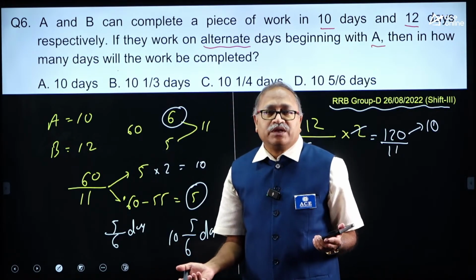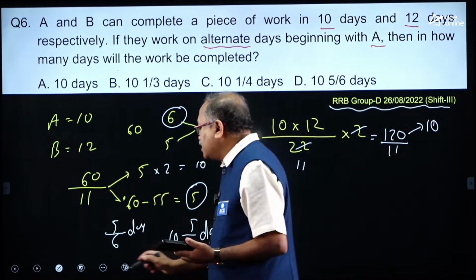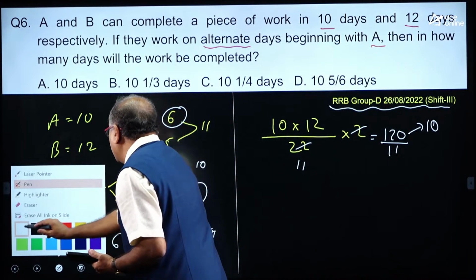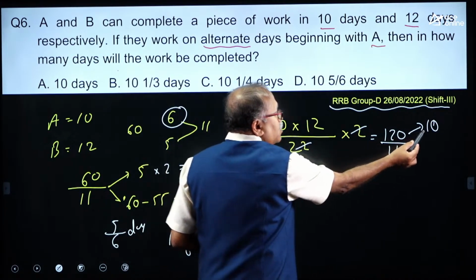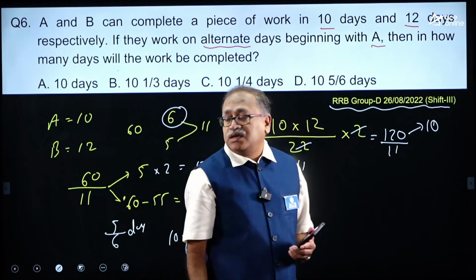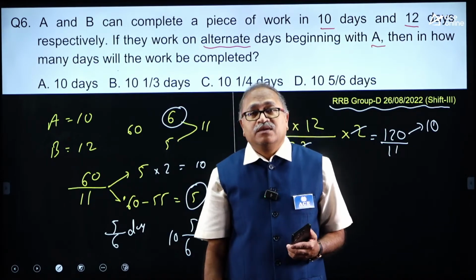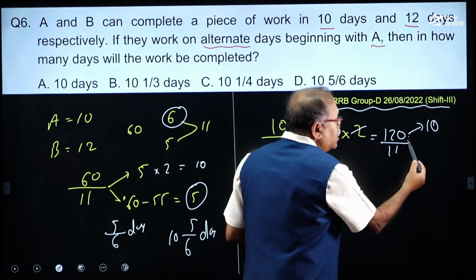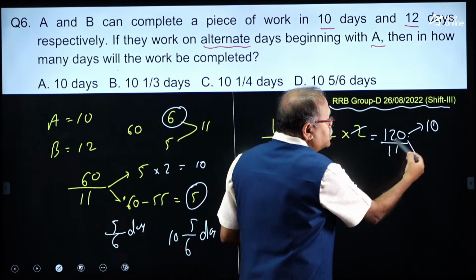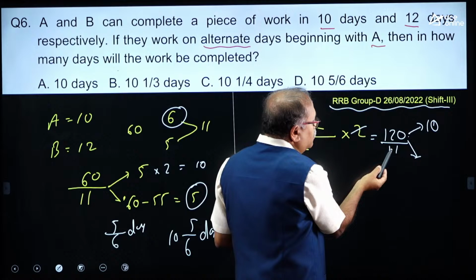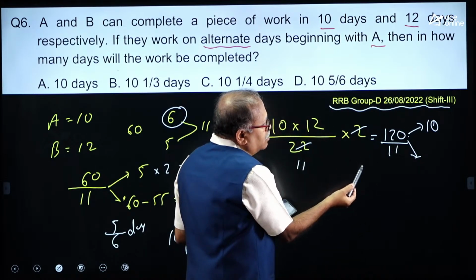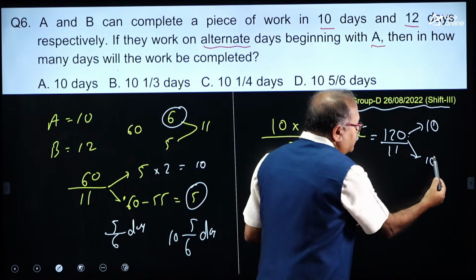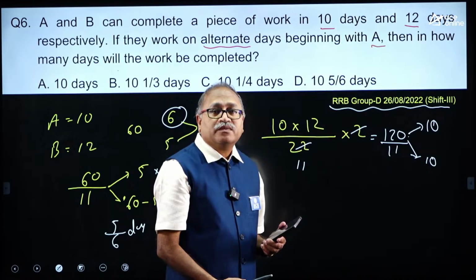The question is not difficult, but when I look at it from the time point of view, I notice that here I already get the 10, is it not? Now, how many units are left over here? So this is 11 times 10, 110. Now I am left with 10 units.